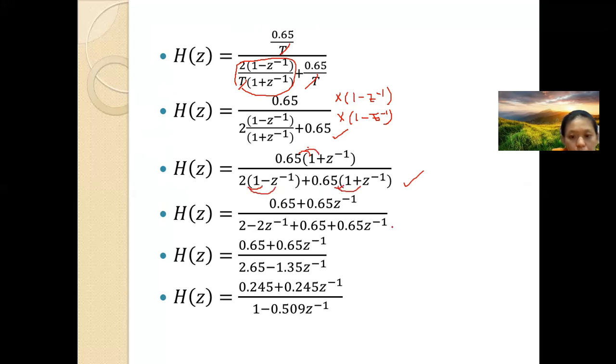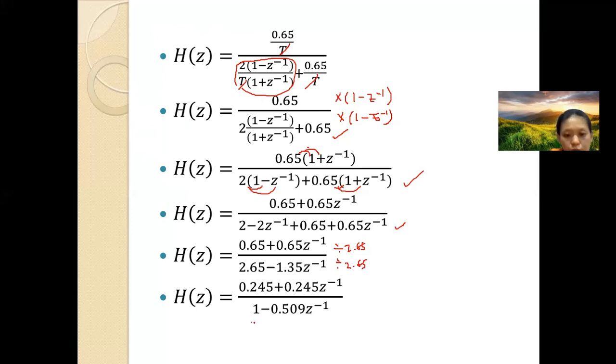You will get this equation. After that, we subtract here and here, we get negative 1.35. Here we sum up 2 with 0.65, we get 2.65. And then we divide above with 2.65, and below also we divide with 2.65, because we want to get the simplest function so that we can draw our realization system.